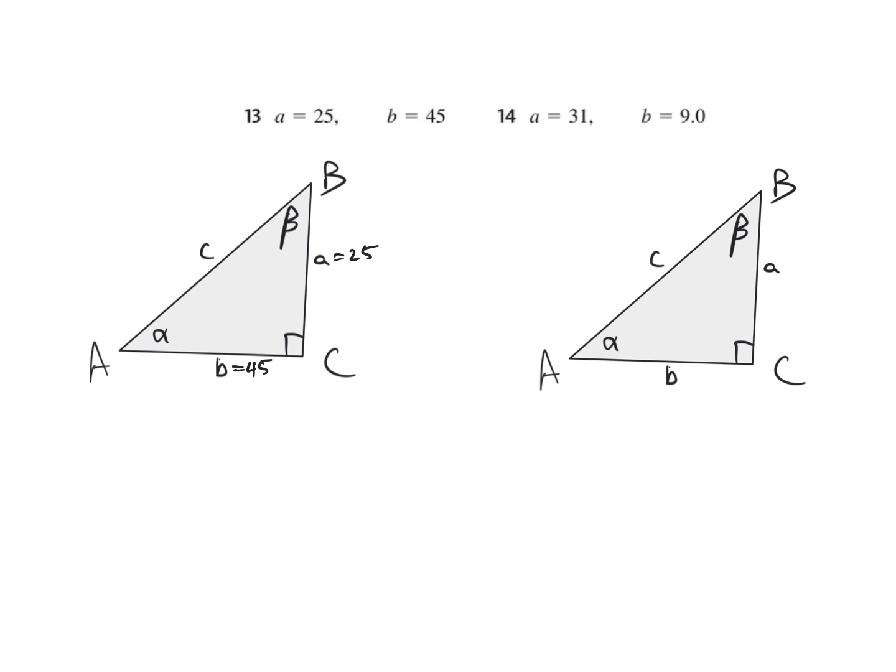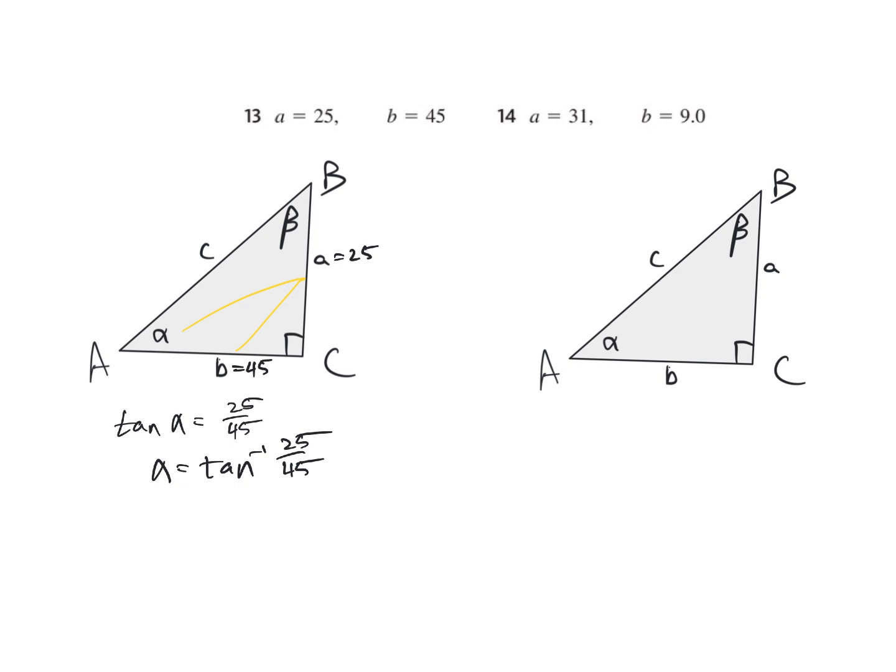alpha is. Alpha, if we use what we've been given, the opposite and adjacent, that's tangent of alpha, is equal to the opposite over adjacent leg. So alpha is the inverse tangent of 25 over 45. So 25 divided by 45, and then we take the inverse tangent, depending on which calculator you have.